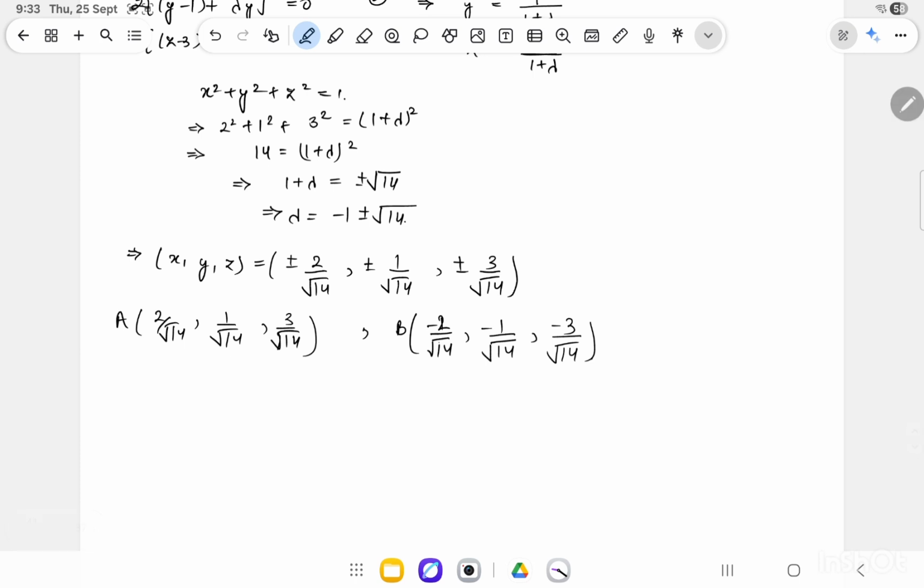Now I need to check at which point it will attain the maximum distance and where it will attain the minimum distance.